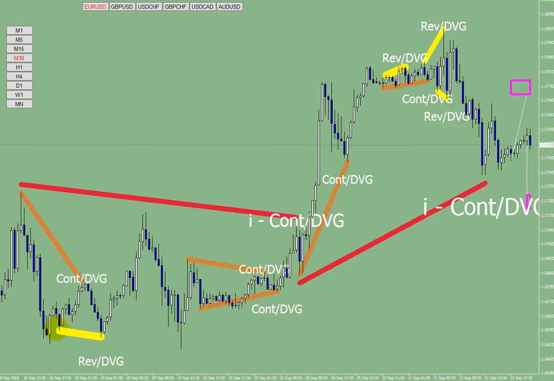Let's look at the reversal divergences, which would be something like this: this low is higher than this low, yet the lower low has a higher stochastic reading. So the expectation again is price moving away in the opposite direction, like all divergences, and in this case this was the rip.